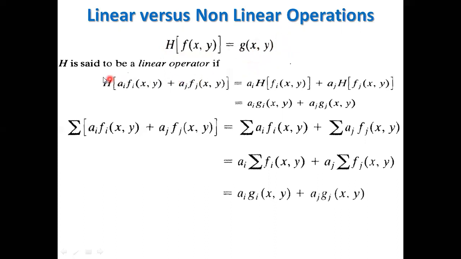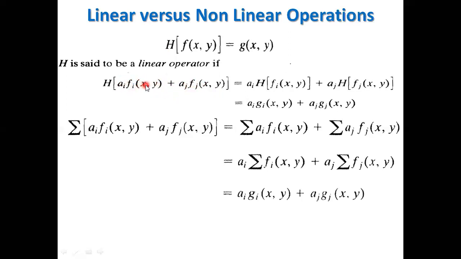Here, h is said to be a linear operator if we are doing the operation on ai fi of x comma y plus aj fj of x comma y. Here ai and aj are scalar constants.